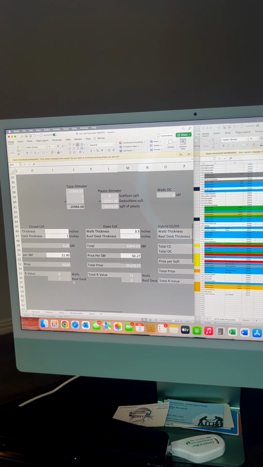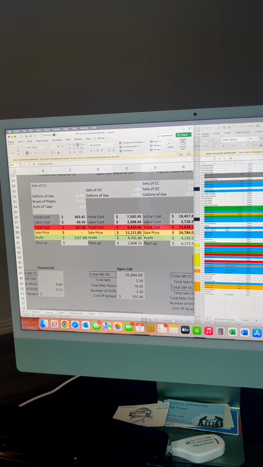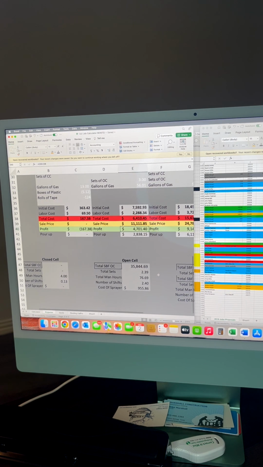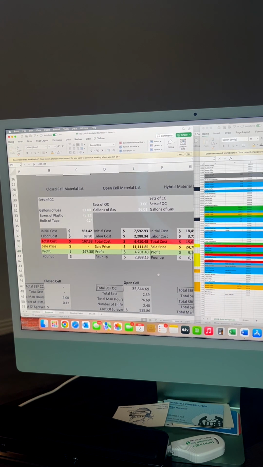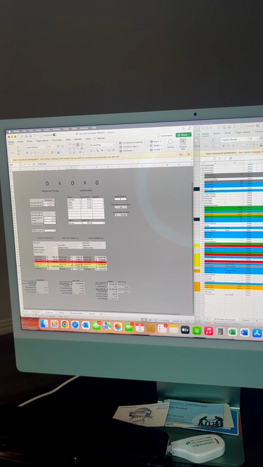I don't want to dip into my profits just because we had some problems. So I like this number a lot better. That gives us $1,500 just in case something goes wrong, if we've got a high overspray percentage, and I think we can get this job done for that for sure.